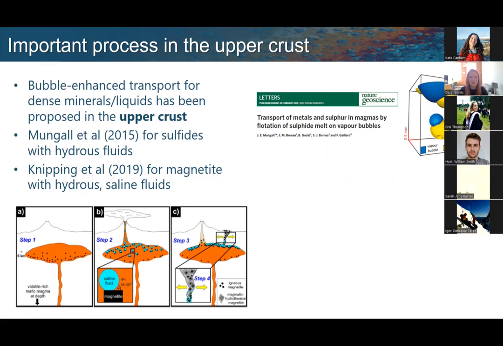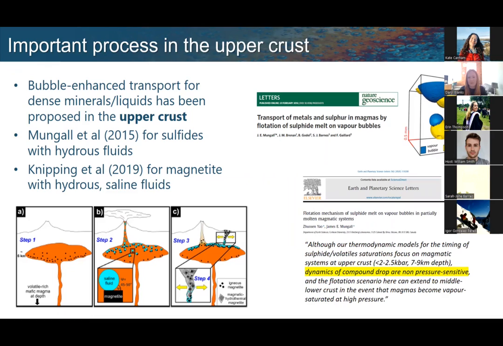The bottom image just highlights how this has been proposed for the flotation of magnetite in iron oxide apatite deposits such as El Laco. But what's quite critical is that it has been suggested that the dynamics of compound droplets are not pressure sensitive. So essentially what we're seeing in the upper crust could be applicable to the lower crust, which is where our case studies are.